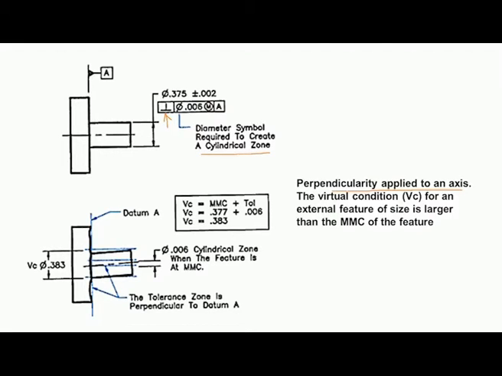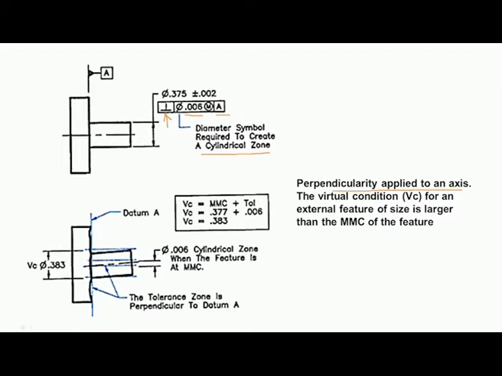Since the perpendicularity tolerance is given to the axis, we have to consider a cylindrical zone, and the variation allowed is 0.006 at the maximum material condition, and the datum is A. With respect to this, the axis should be within this value, and the size of the cylinder is also mentioned. It is 0.375 plus or minus 0.002 millimeter.